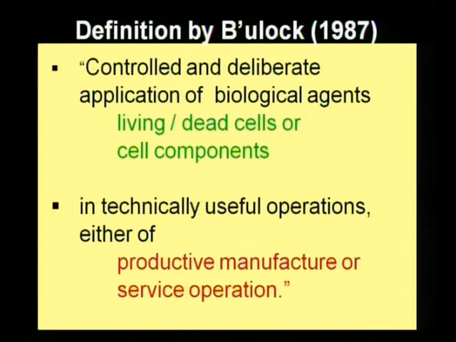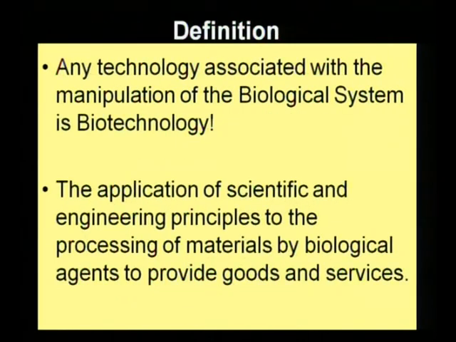So you will understand that biotechnology is simply the use of living cells, maybe of higher organisms, maybe of lower organisms, maybe living, maybe dead, or it can be the use of cell components. Some of the definitions, as I have told you, are given by different people.